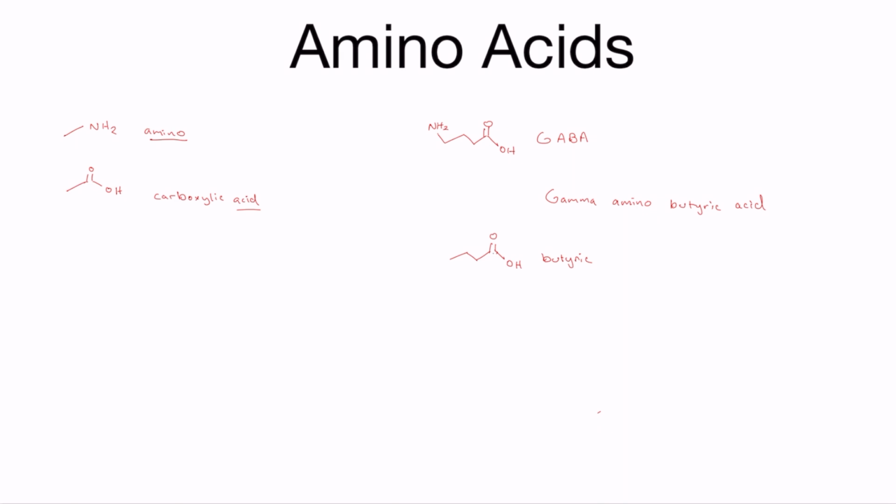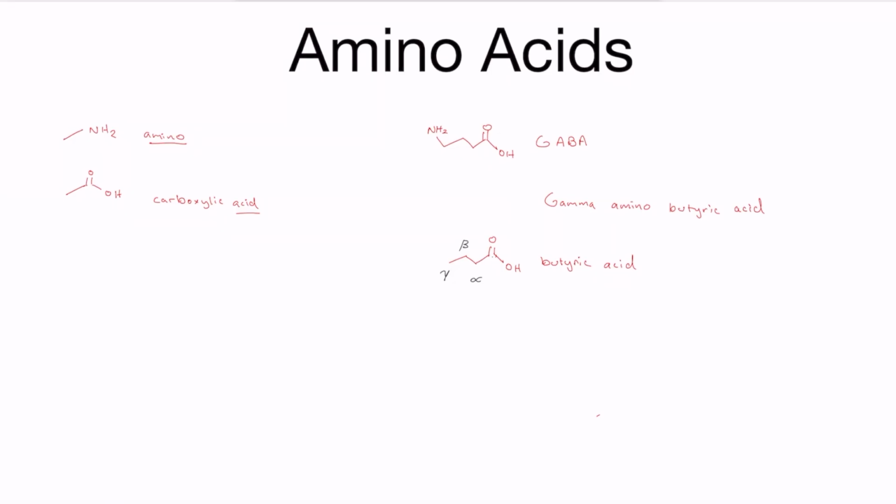So this first carbon is alpha, the second carbon is beta, and this third carbon is gamma. If we continued, the next carbon would be delta, and so on. So on GABA, the amino group is attached to the gamma carbon of butyric acid, so it's considered a gamma amino acid.